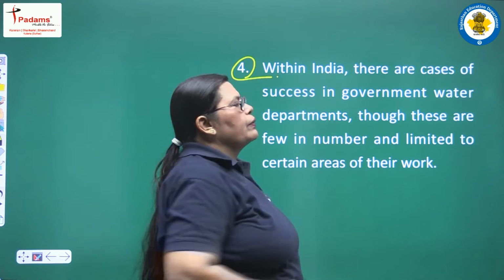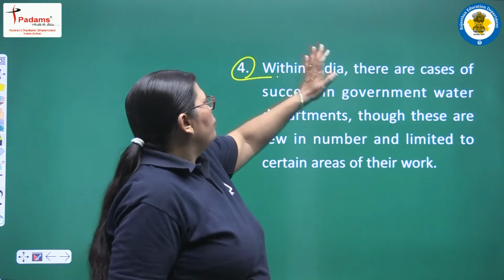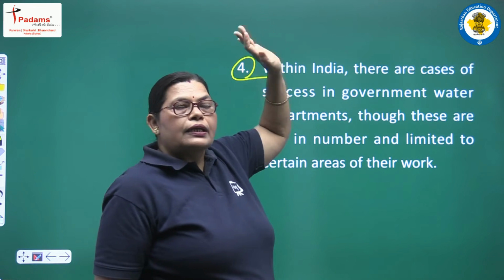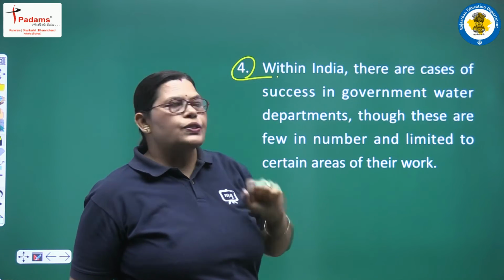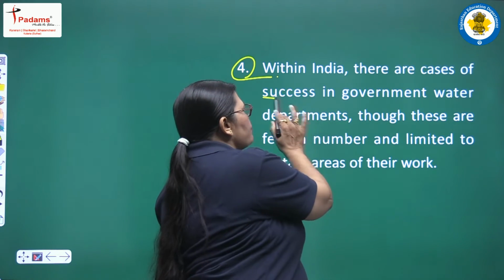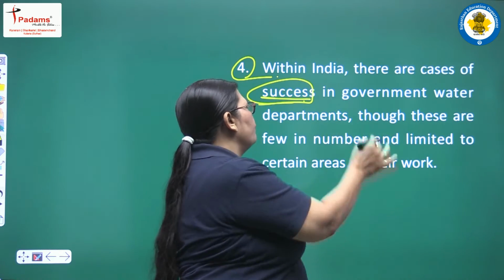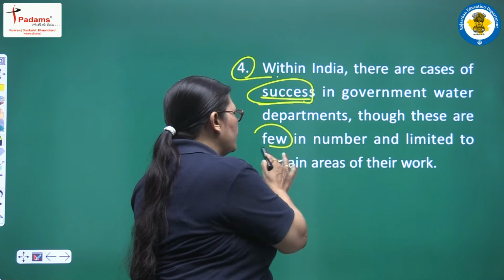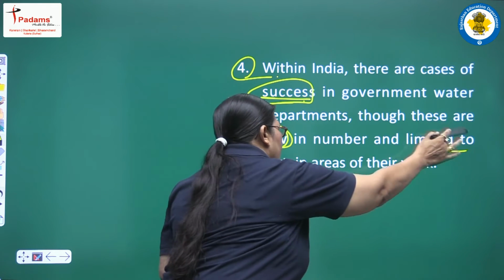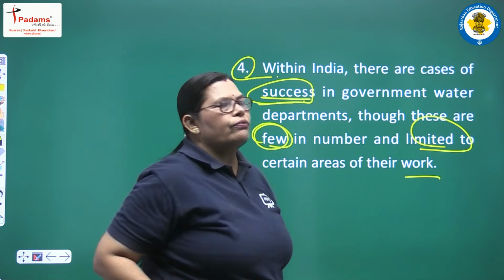When we are considering the next point here, within India, what's the real situation? The real situation is there are cases of success in government water departments, though these are few in number and limited to certain areas of their work.